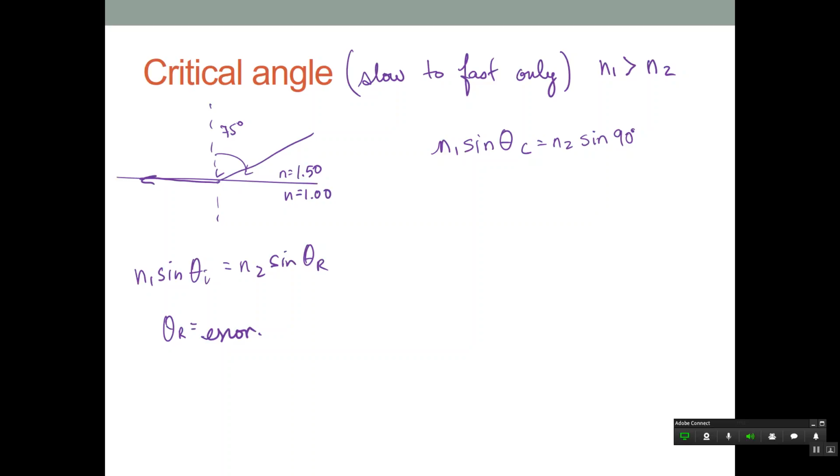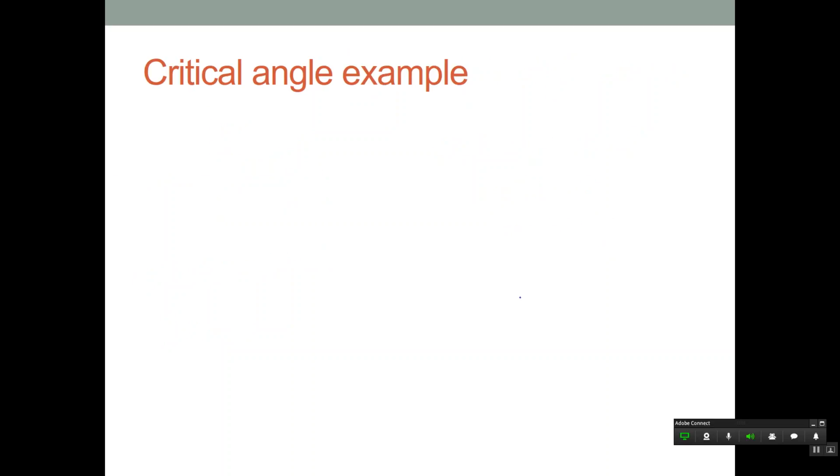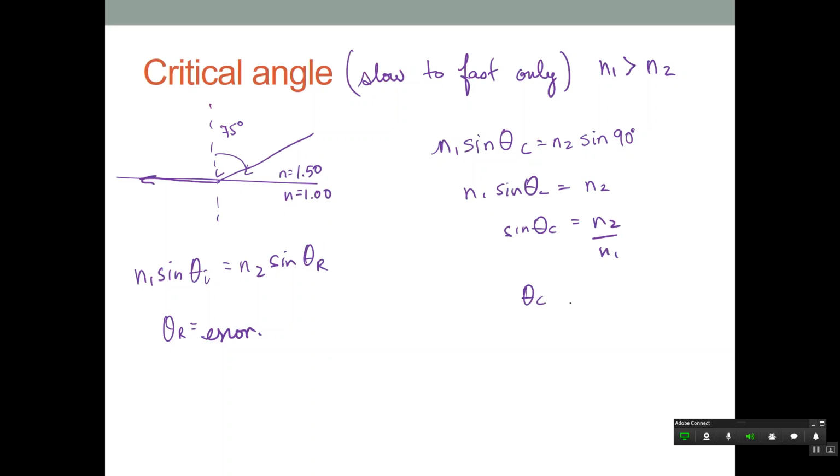So let's just go ahead and figure out what that angle is, right? That is going to produce a 90-degree refraction. So what's the sine of 90 degrees again? 1. So that means we have N1 sine theta C for critical angle is equal to N2. And we can solve for the angle now. N2 over N1. And theta C is going to be equal to the inverse sine of N2 over N1.